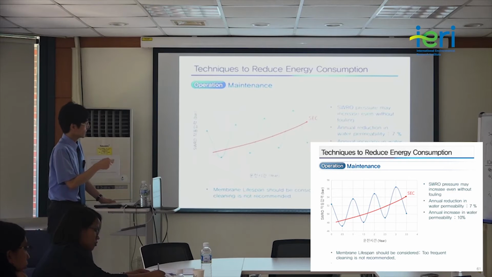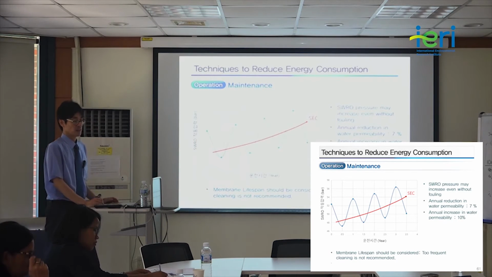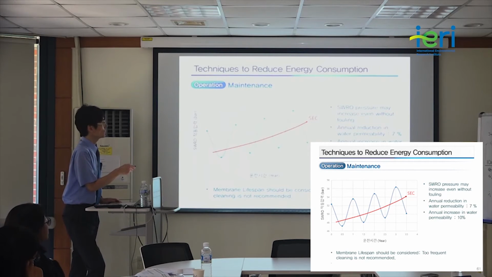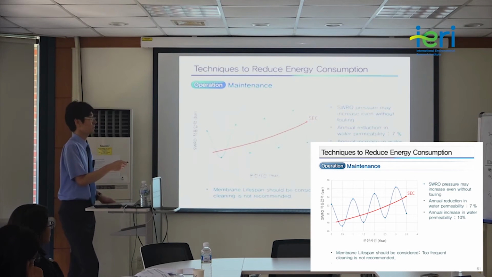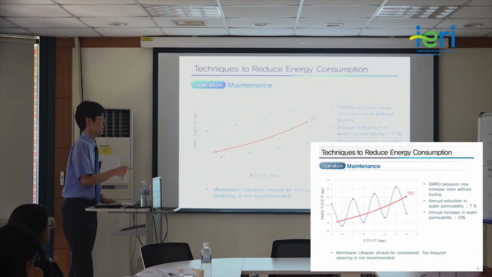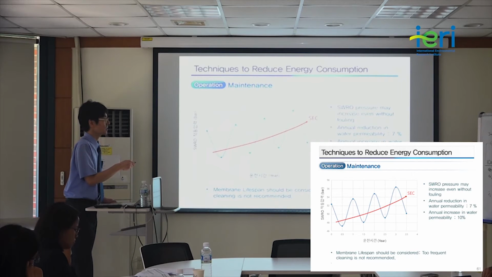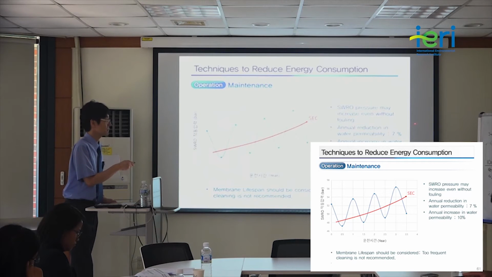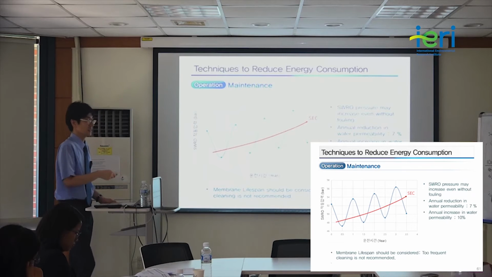The reason is, with time, the membrane performance changes. So membrane water permeability is reduced by 7%. That's kind of the average number, but that actually depends on the specific size. But on average, we can say the annual reduction in the water permeability is 7%, and the annual increase in the salt permeability is 10%.